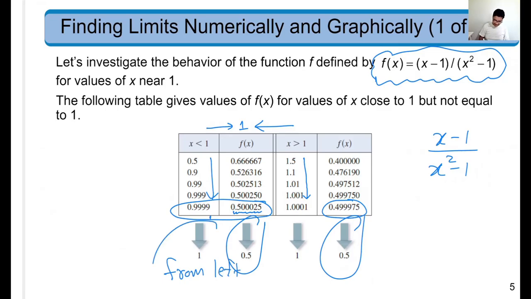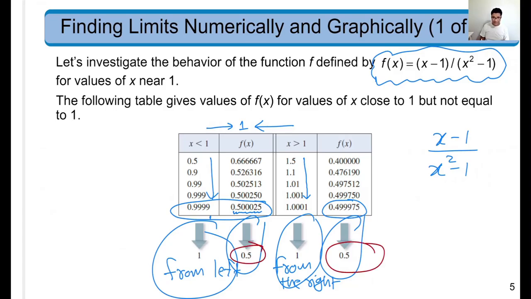On this side, from the left, and here, this is from the right. Maybe you want to use the article the, from the left and from the right. As x gets closer to 1, the function value is getting closer to 0.5 in both cases. Hence, you will say the limit is 0.5.